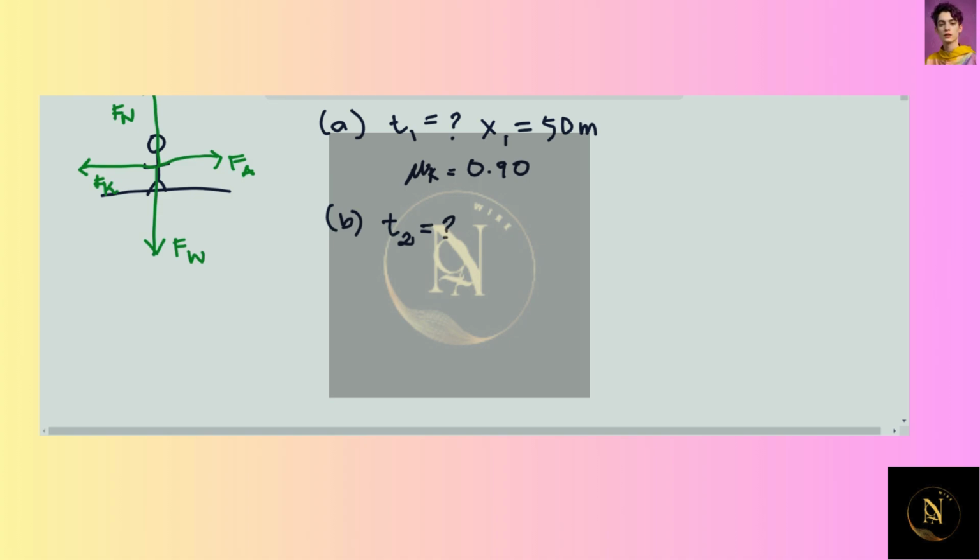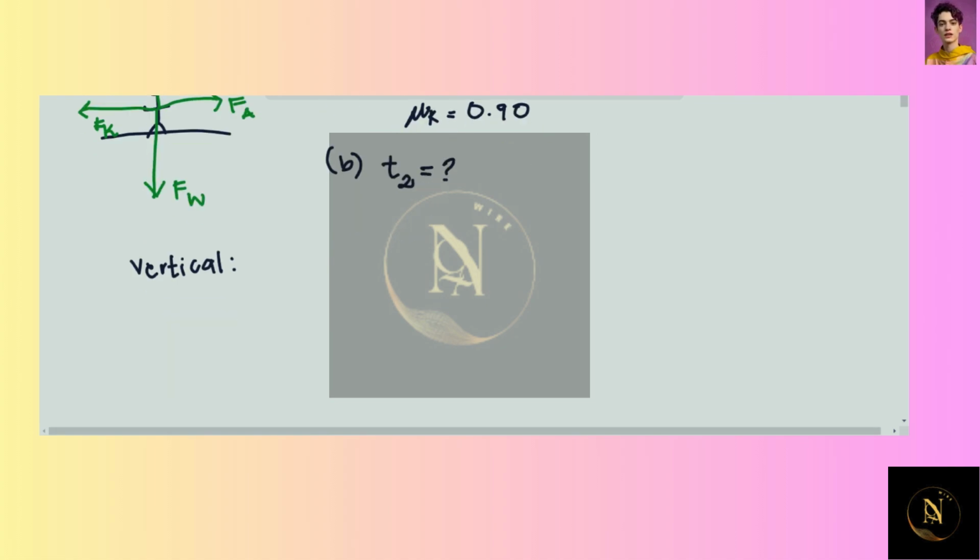Now let's write these forces, splitting them into vertical and horizontal components. First, for the vertical components, the summation of these forces in this direction, let's denote as F sub y, is equal to 0 according to the first law, which states that for a body in equilibrium, the sum of net forces is equal to 0.